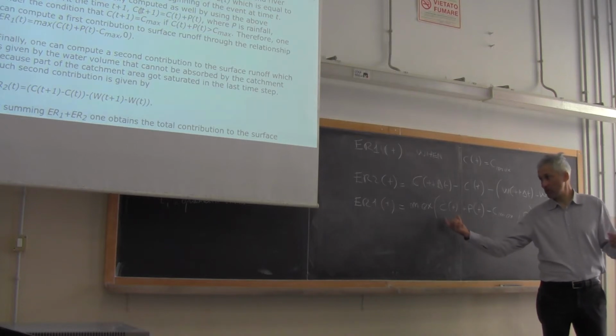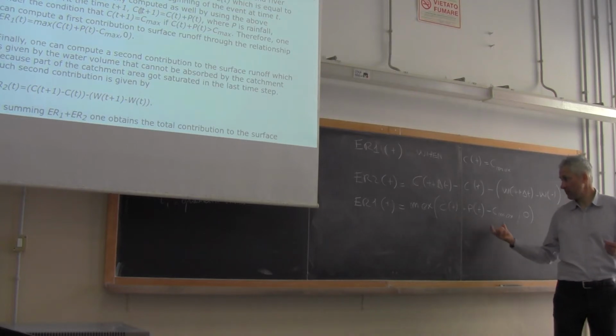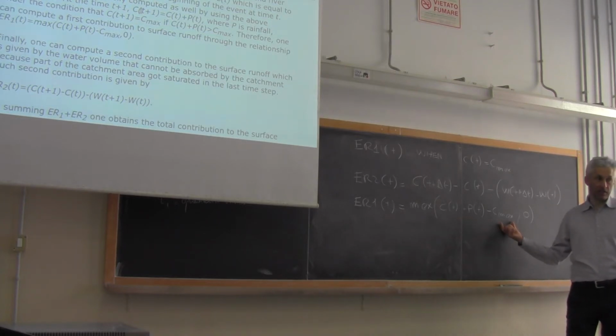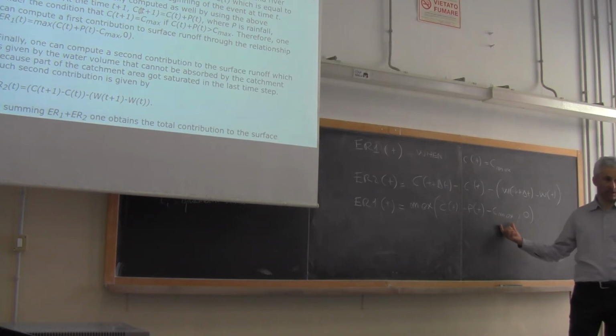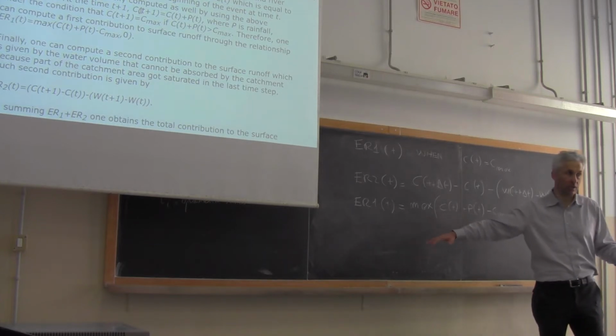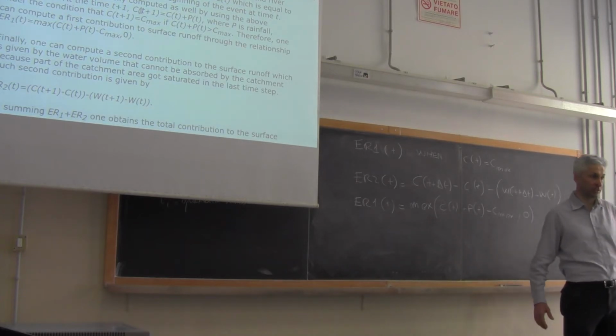So if I compute storage plus rainfall minus Cmax, either I get a positive number or a negative number. I get a positive number if the catchment reached saturation, a negative number if the catchment didn't reach saturation yet. So if I take the max between C plus P minus Cmax and 0, I am sure that I compute a contribution ER1 only when the catchment reached saturation.